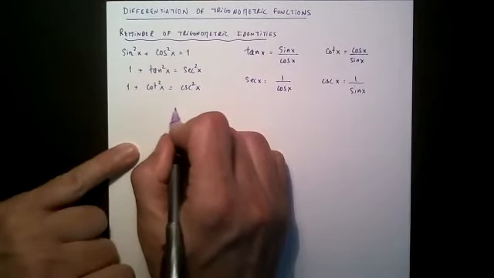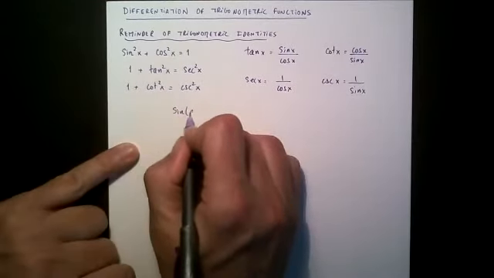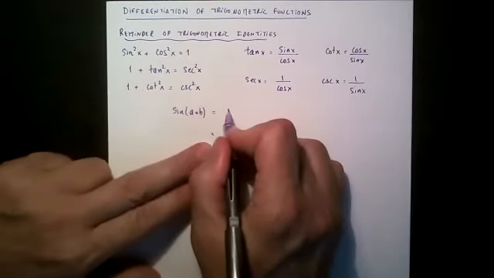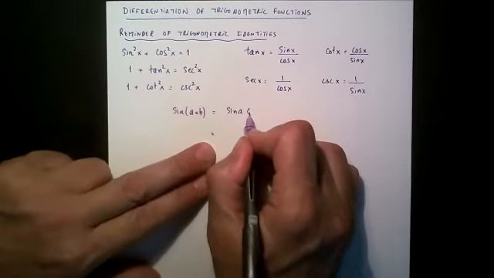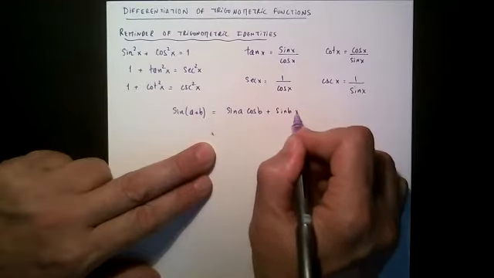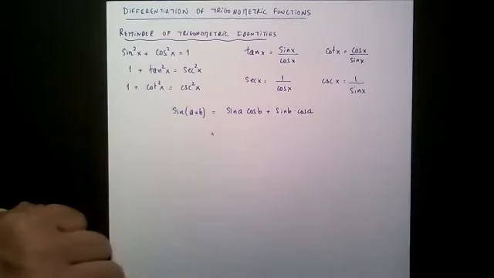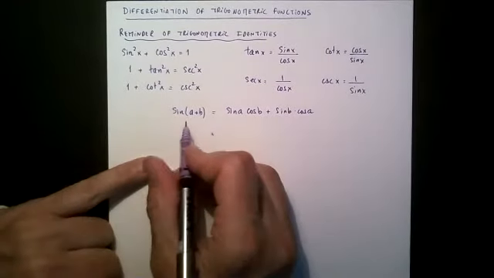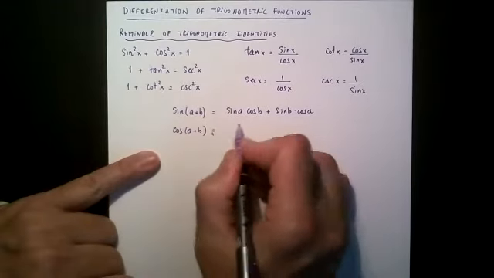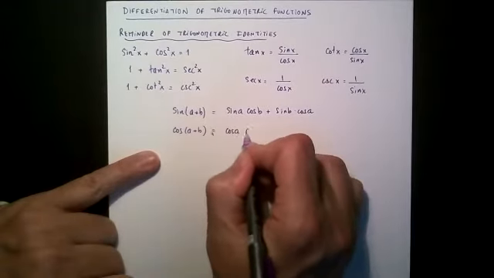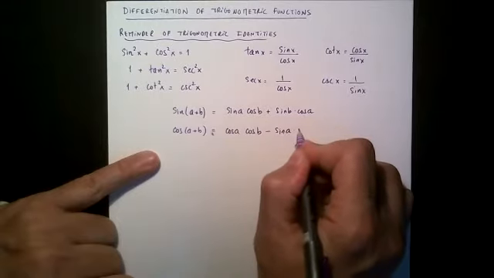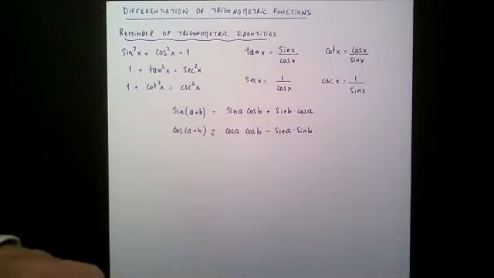The sine of a plus b is equal to sine a cos b plus sine b cos a. And the cosine of a plus b is cos a cos b minus sine a sine b.